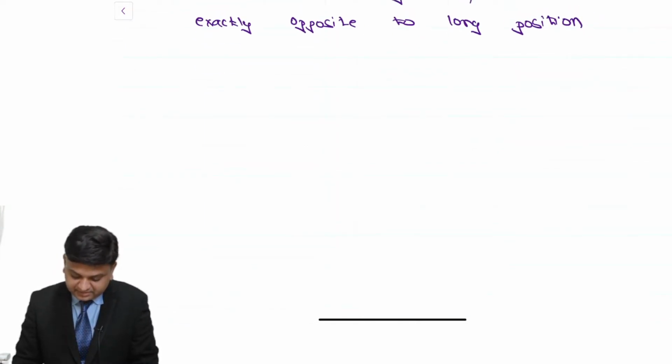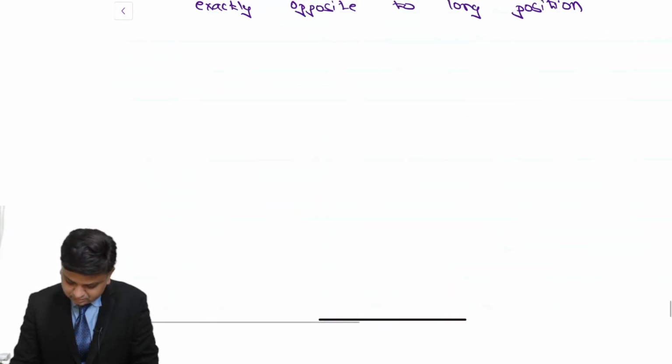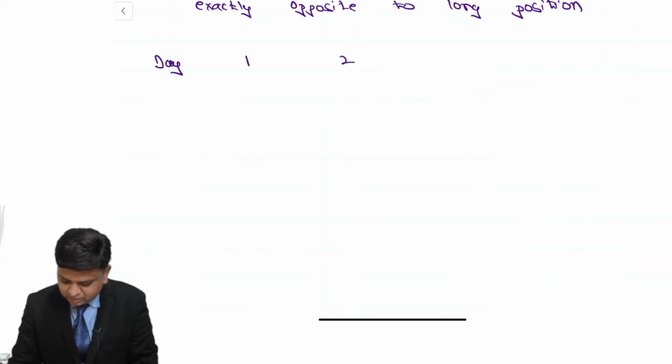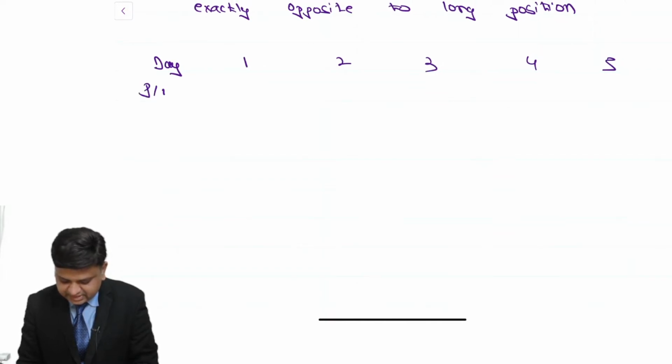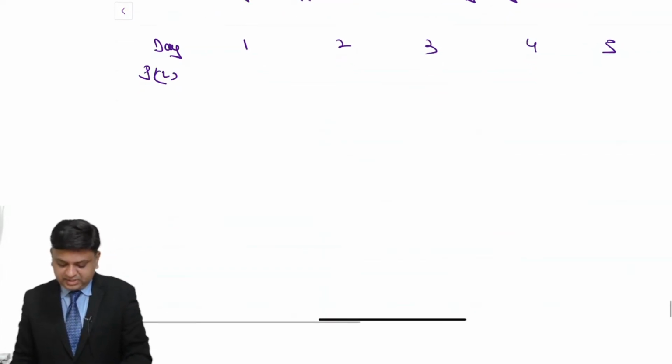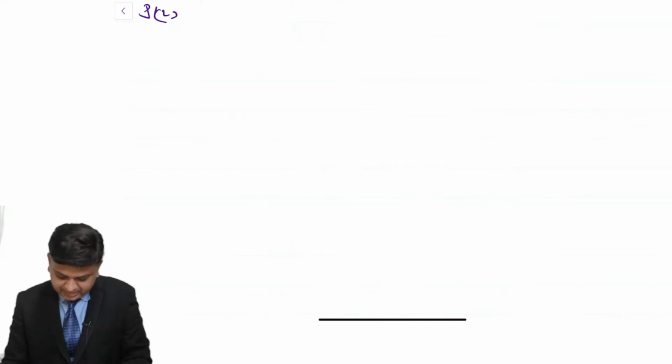So now we can prepare the margin statement. Day 1, day 2, day 3, day 4, day 5. I'll just write the profit or loss over here so it can be easily accessible, and then we'll prepare the margin statement.